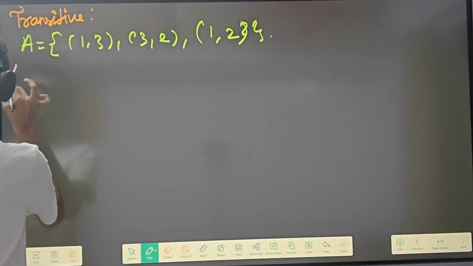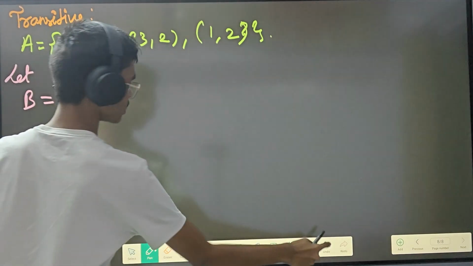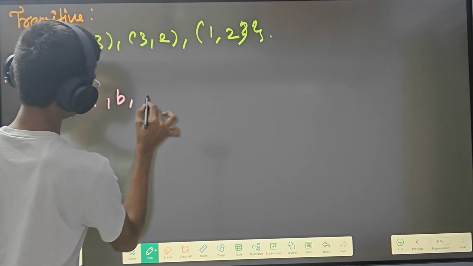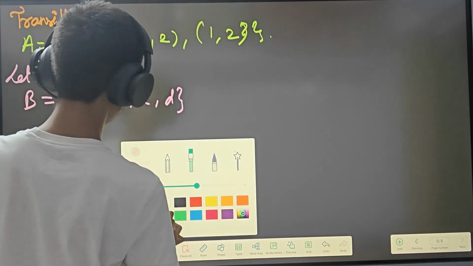Let B be the set which has elements such as A, B, C, and then D. Now let's check about it.